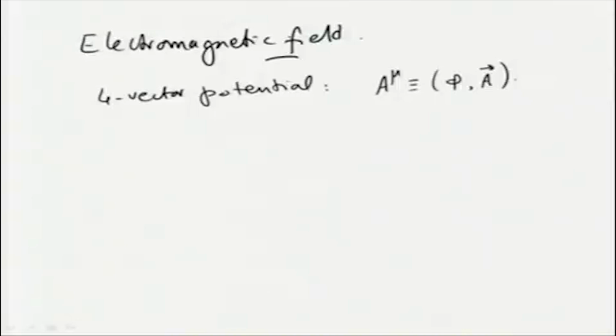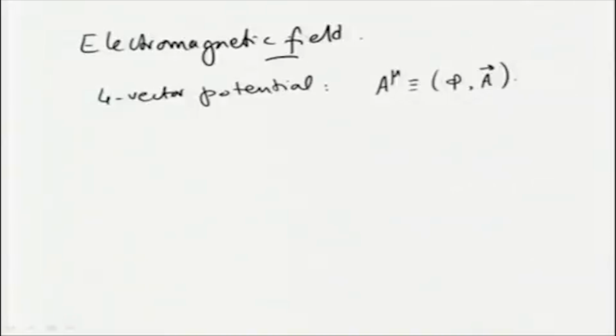Now, in classical electrodynamics itself, we can consider this in terms of phi and the 3-vector A in the non-relativistic case, and in relativistic classical electrodynamics we can consider them as components of the 4-vector A mu.